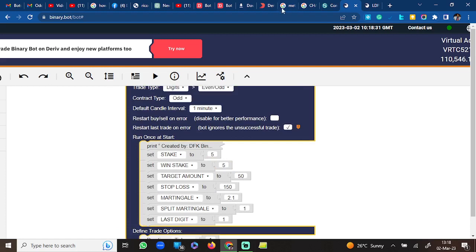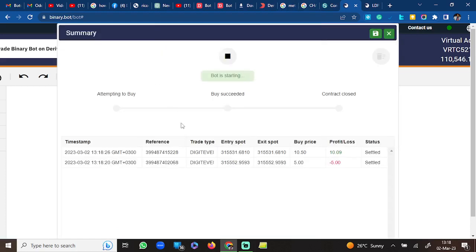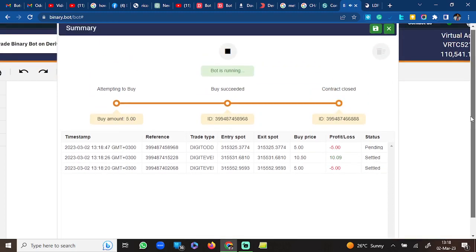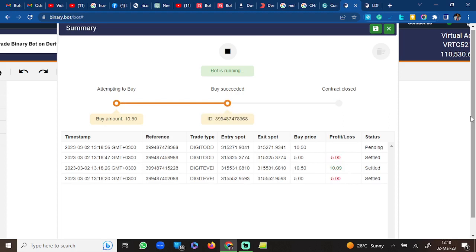Should be odd. Then we run. I was wondering because this should have been a win. Okay, let's just proceed. Let's see. But also don't stake that high, especially if you're using odd and even.